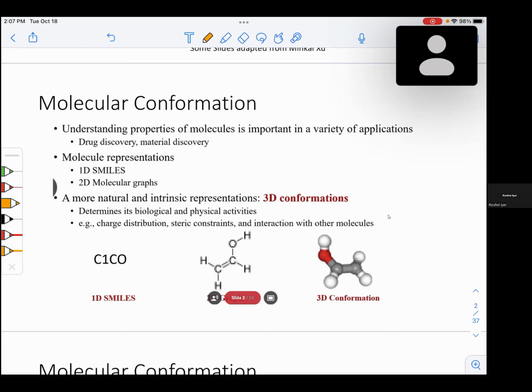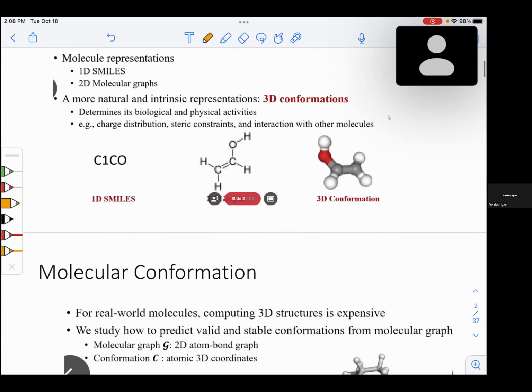This can be used to determine biological and physical activities, such as charge distribution and interaction with other molecules. Compared to 2D molecular graphs, it reflects more geometric properties, such as angles in 3D space, and can be applied to more downstream tasks.